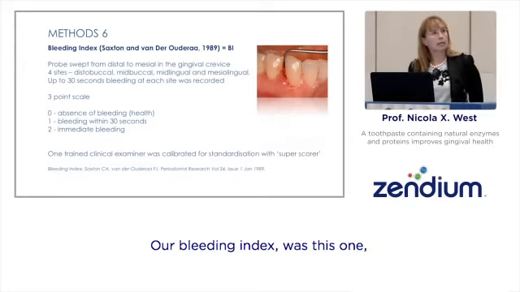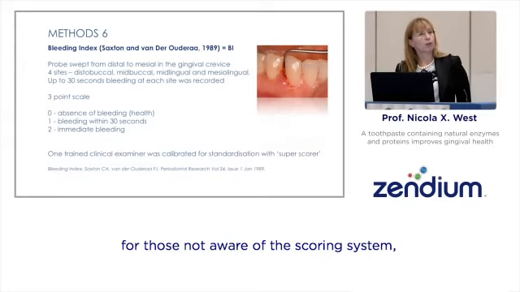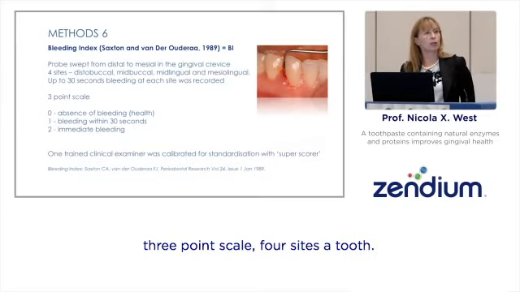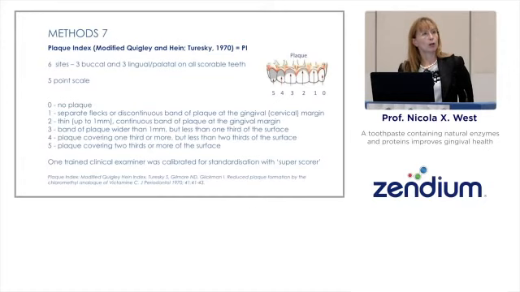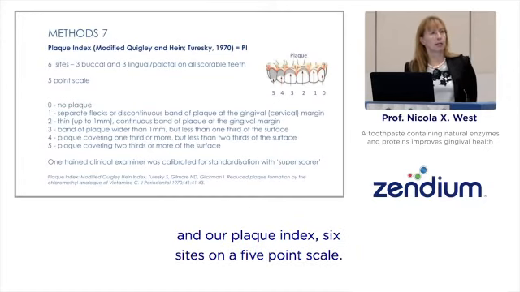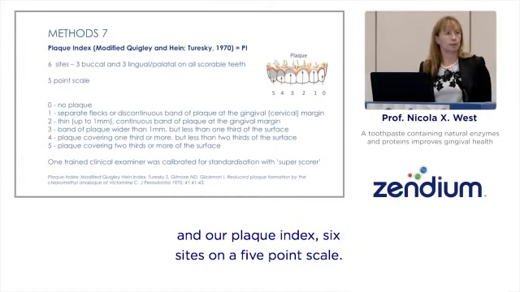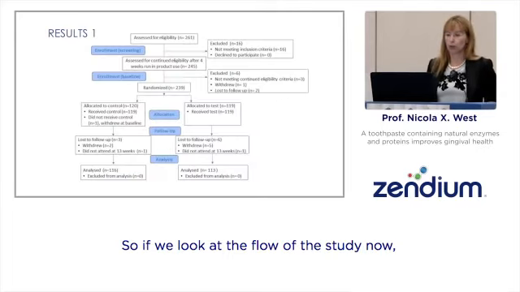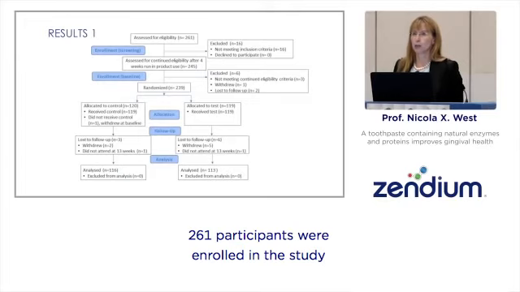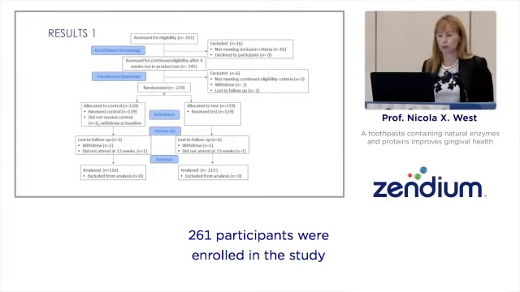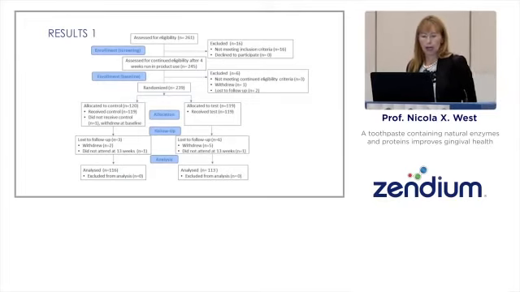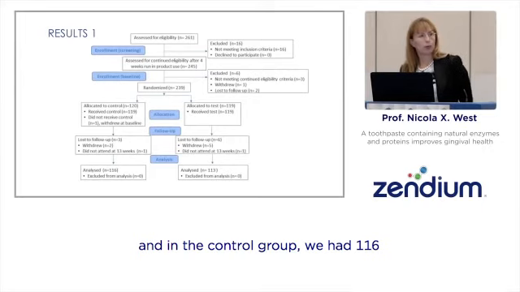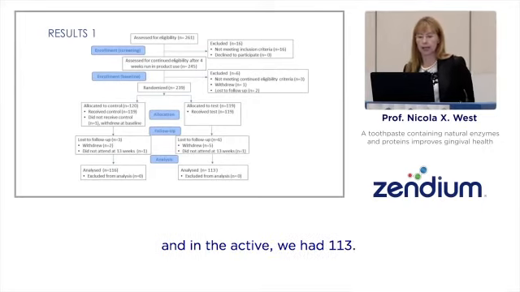Our bleeding index was this one, for those not aware of the scoring system, 3-point scale, 4 sites per tooth, and our plaque index, 6 sites on a 5-point scale. So if we look at the flow of the study now, 261 participants were enrolled in the study, and in the control group we had 116, and in the active we had 113.